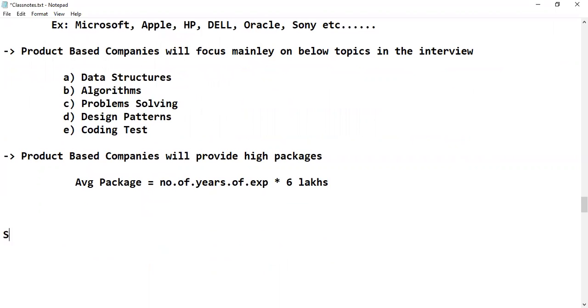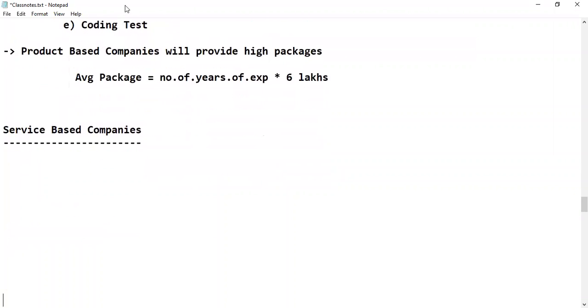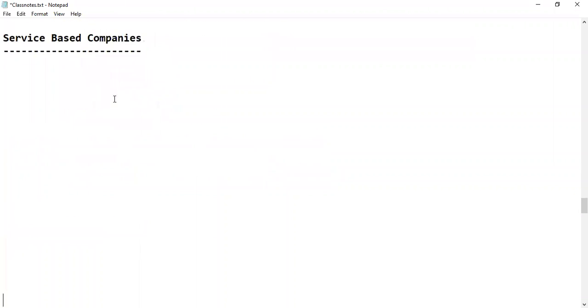Now, what is the next category? Next category is service-based companies. The companies which are developing the project as per client given requirements are called service-based companies.